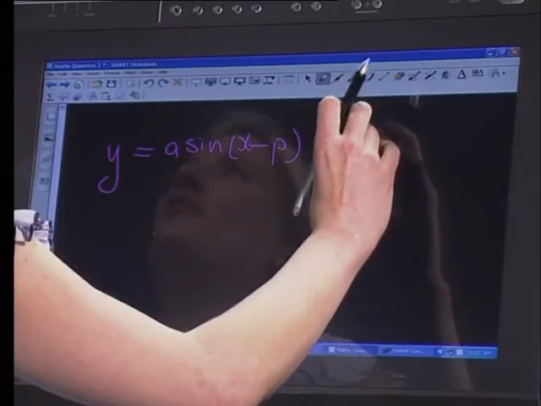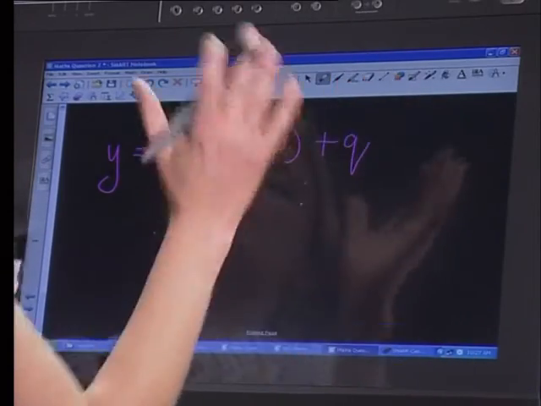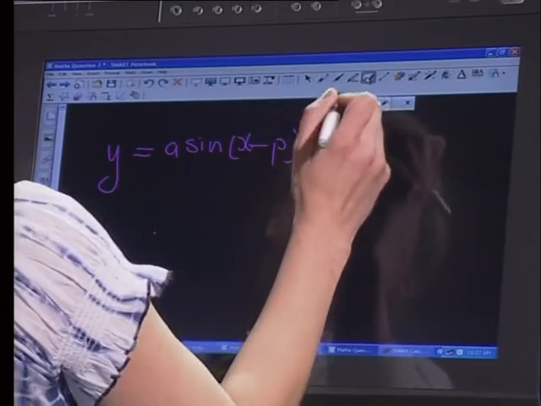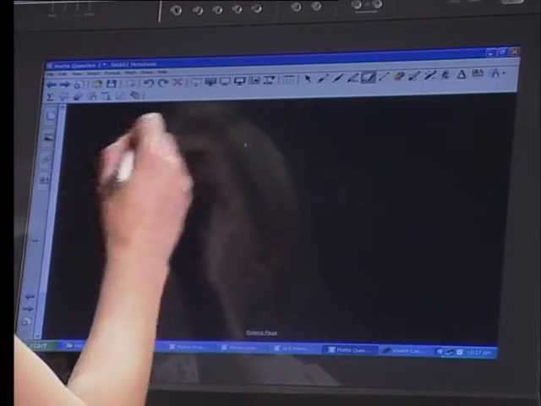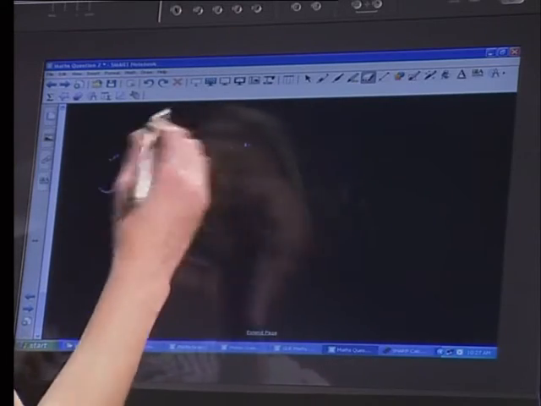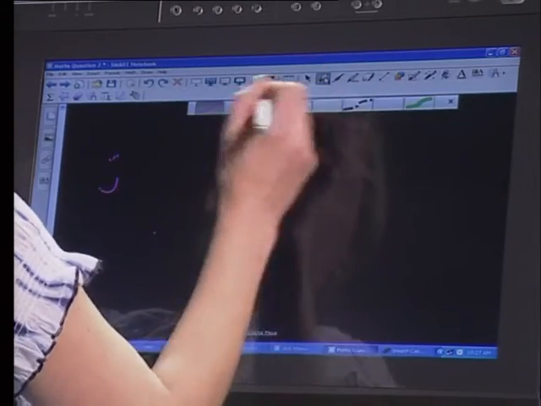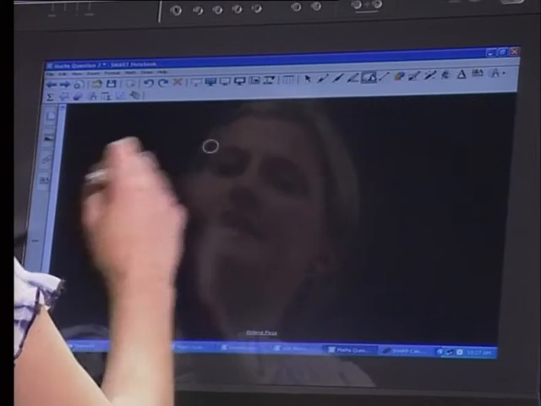And again, negative 30 degrees means 30 degrees to the right. Positive means 30 degrees to the left. And the q moves the graph up and down. So very important that when we're dealing with our functions that we realize that parabola isn't one thing and hyperbola isn't something completely different.